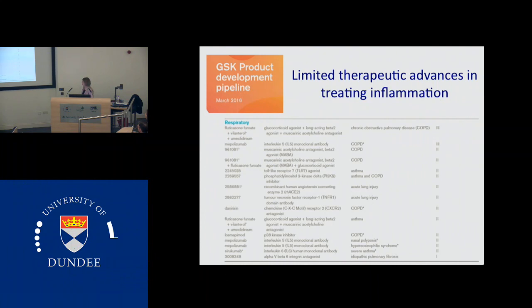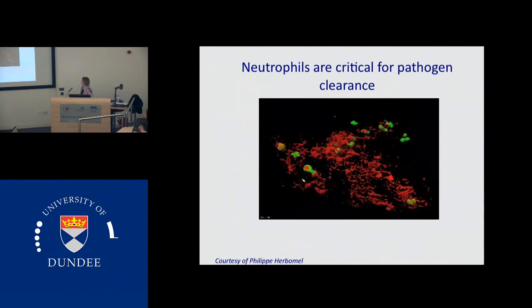When you look at the new drugs they have in development for COPD, the commonest chronic inflammatory lung disease, what you actually see is that many of them are modifications of old drugs, and very few of them, with the exception possibly of PI3 kinase inhibitors, are novel approaches to neutrophilic inflammation. So we don't have effective drugs, and at the moment the pipeline is not great. So you can see why this is a fertile area for thinking about novel approaches to treating inflammation.